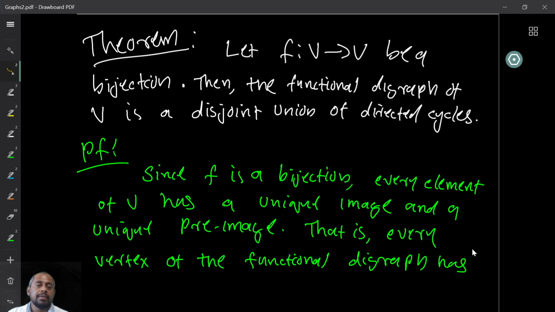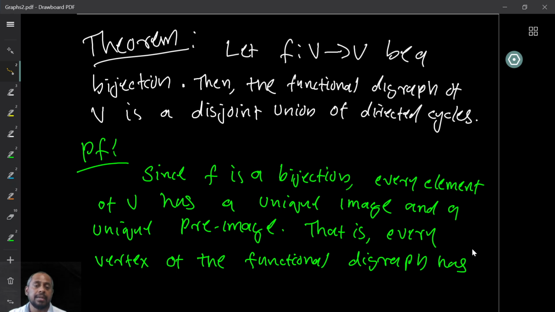The proof is quite straightforward, but let us take a look. What we know is that the function f that we are defining is a bijection, which means that it is one-to-one and onto, and therefore every element of the set V has a unique image and a unique pre-image.